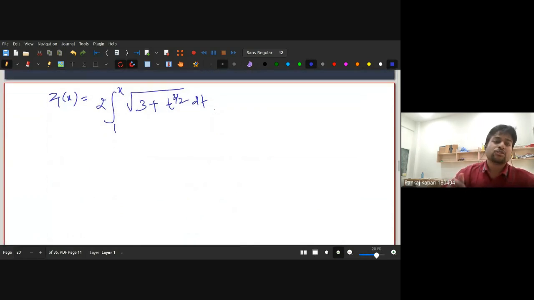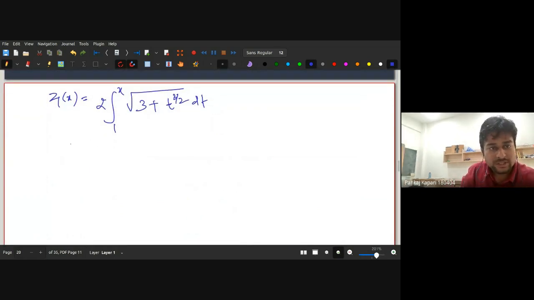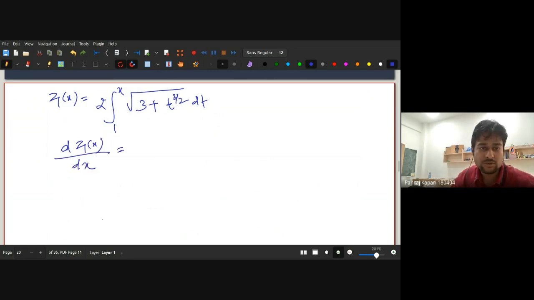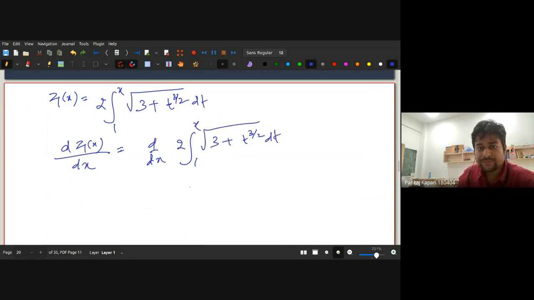So how do you differentiate this? You have to find dz1(x) by dx, that is, d by dx of the integral from 1 to x of (3 plus t)^(3/2) dt.